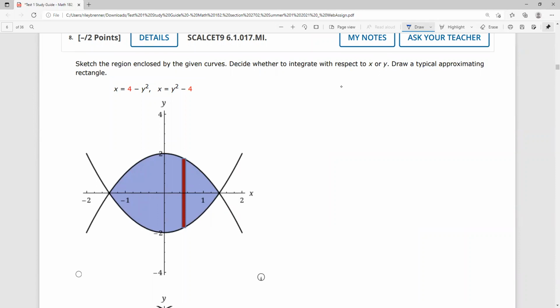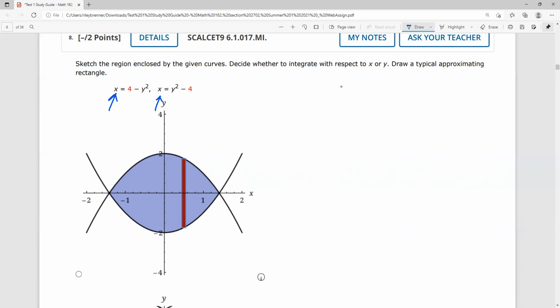Yeah, let's do this. So right here we have equations in terms of y. So we have x is equal to some y equation. If you guys are unsure of how to graph this right away, like when it's x equals something in y, feel free to just change it into y in terms of x, and then make sure you graph it correctly that way.